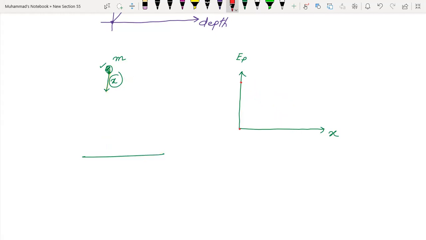So let's do that. Air resistance is 0. There is no friction force, no air resistance. You know that the distance S will vary in this way.